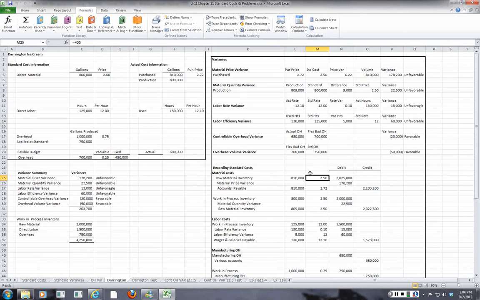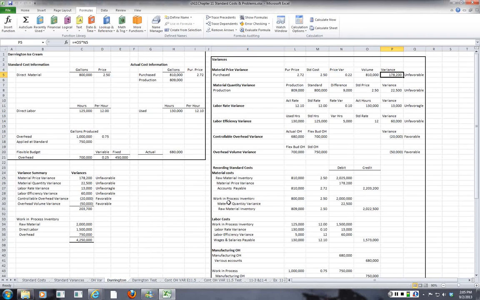So we take $2.50 times the purchased amount, and we come up with a raw material inventory debit of $2,025,000. We purchased 810,000 at $2.72, which is the amount we're going to pay, and that's what we record in accounts payable. The difference between those two is that $178,000 unfavorable variance.